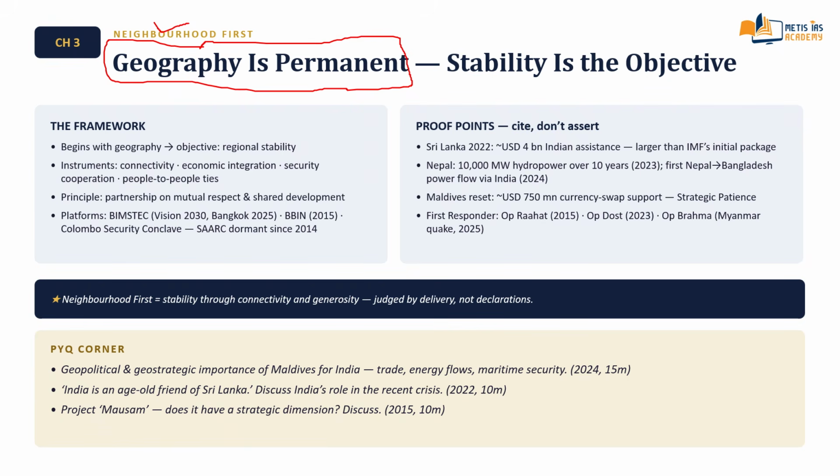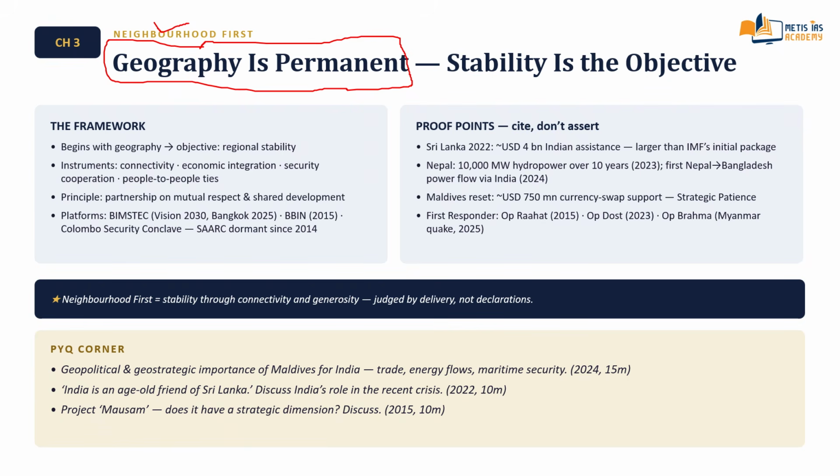Now, what are the major pillars of the neighborhood first policy? The first pillar is political engagement. Regular dialogue, high-level visits, institutional cooperation, and diplomatic communication help build trust between neighboring countries.